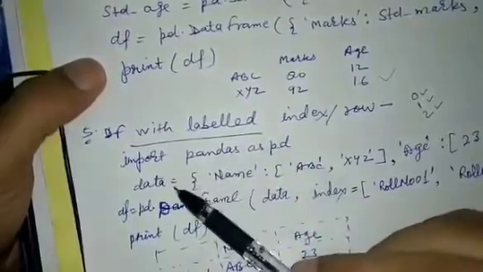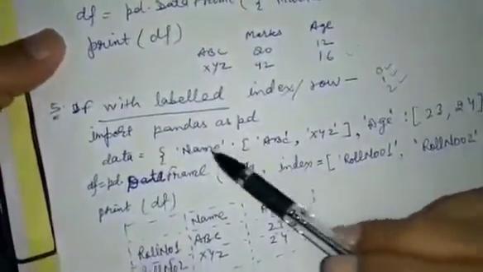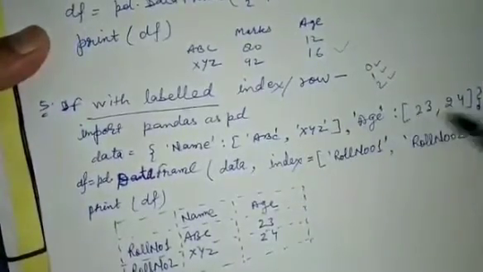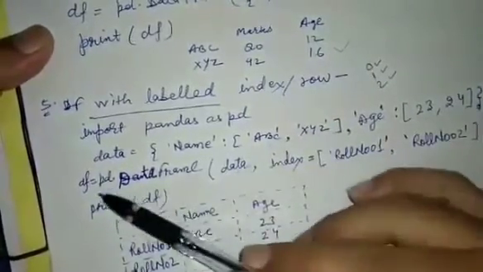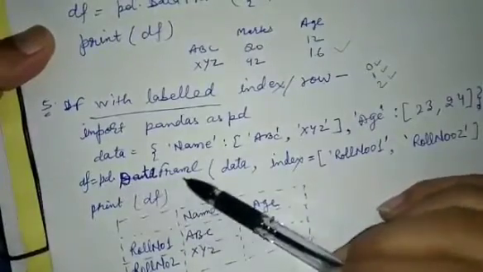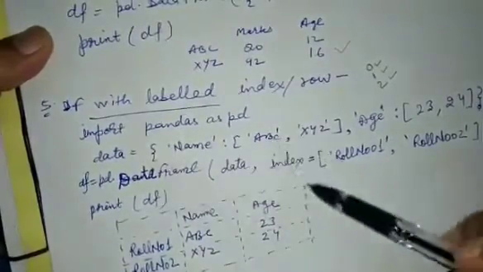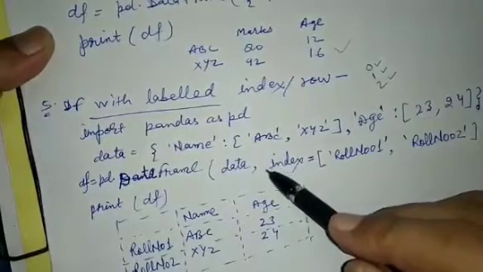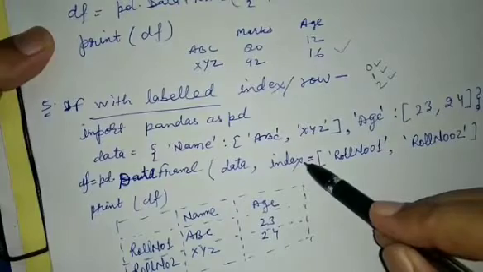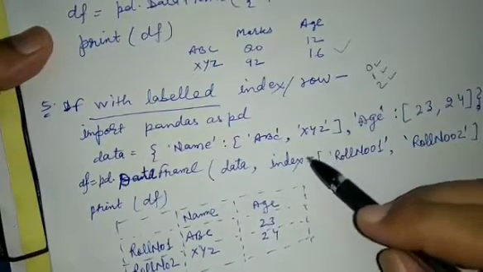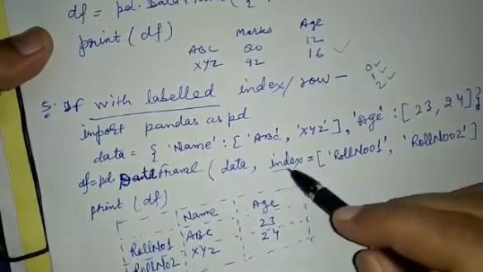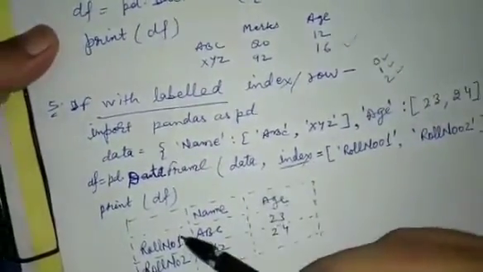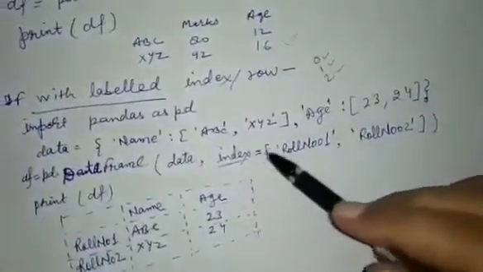Import pandas as pd, data: we have created a dictionary, name and age, having two elements as values. df is equal to pd dot DataFrame, data. To label the columns, we use the columns keyword, but to label the rows we use the index keyword. So the index keyword is used to label the rows.